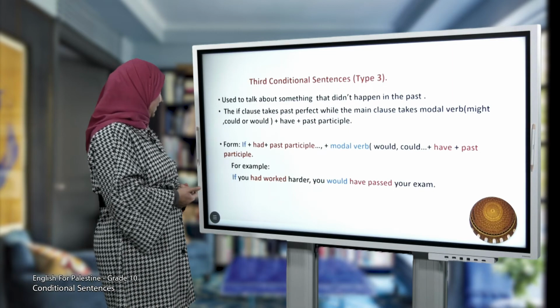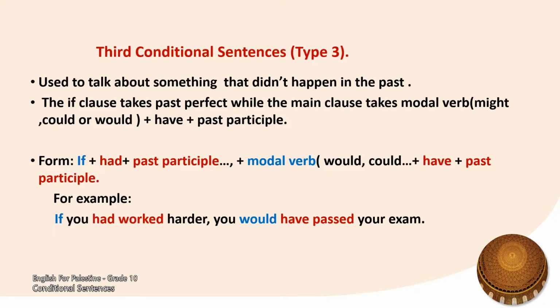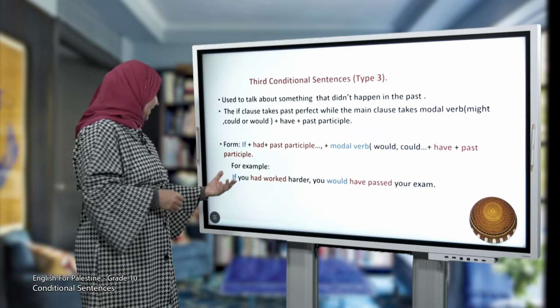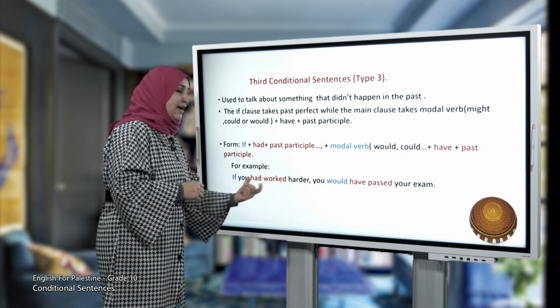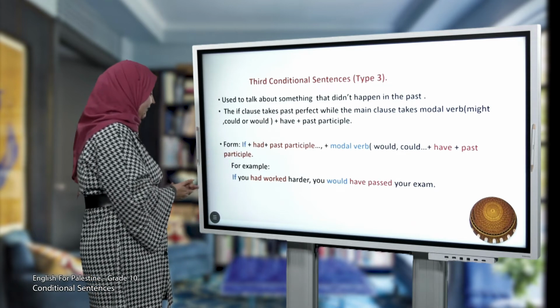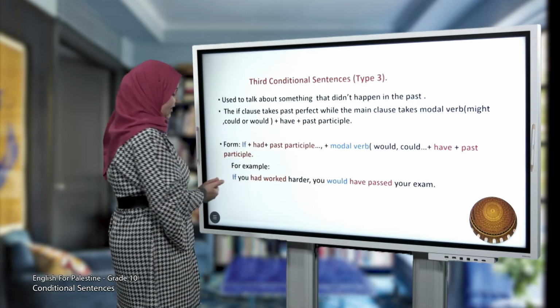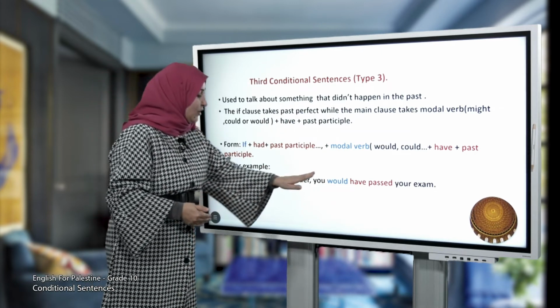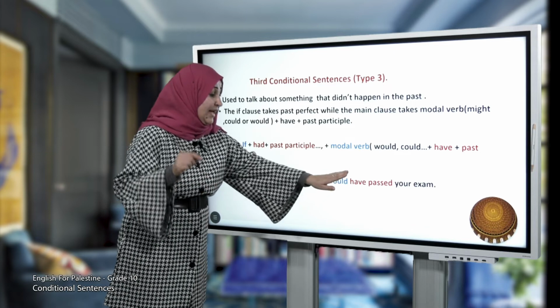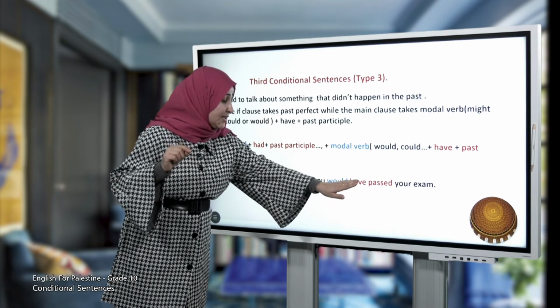For example, if you had worked harder, you would have passed your exams. Again, if you had worked, notice that we have had plus verb 3, which is called past perfect, and we have would, have, and the verb 3 passed your exam.